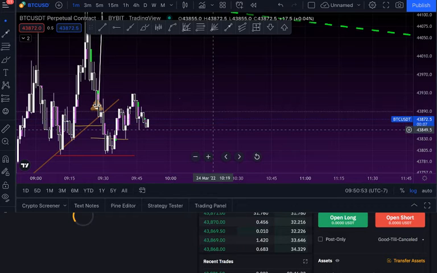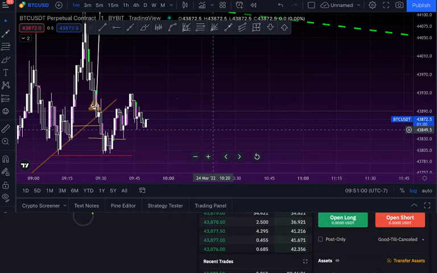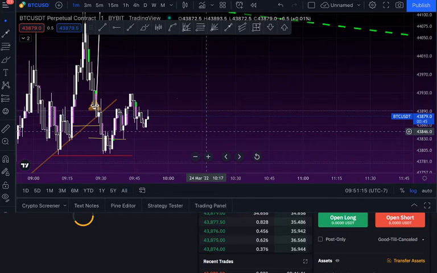Really need to see a big candle here to the upside. That looks pretty good. So we're very close to breaking the third candle still from this swing low potentially.